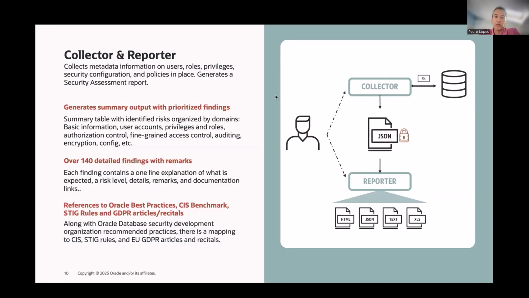Because usually when we say evaluate, it means that DBSAT alone could not understand if the information is presenting a risk or not. A good example of this is, well, there are some users with a certain privilege or system privilege. Is that good or bad? Well, in some cases, we might know it's bad and we flag. In other cases, we don't know.